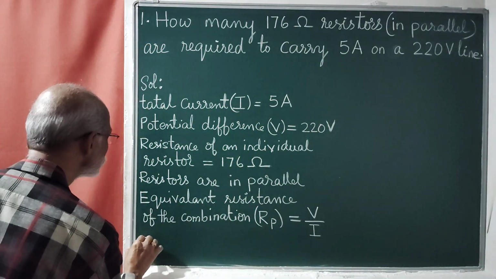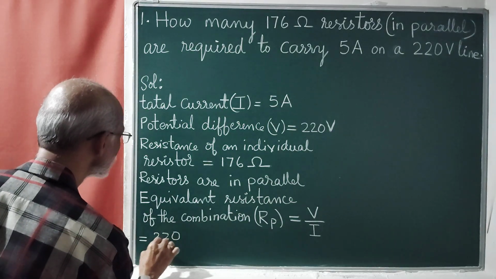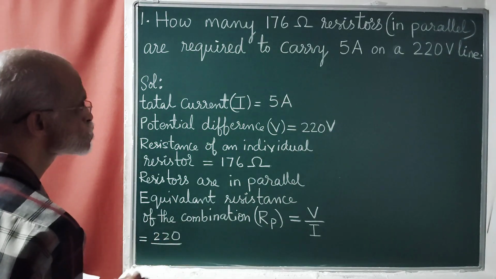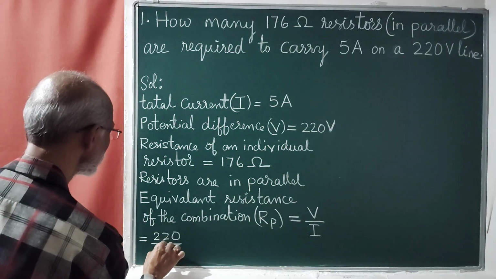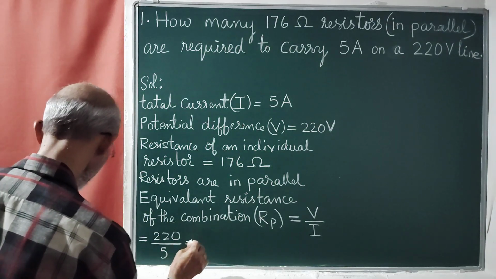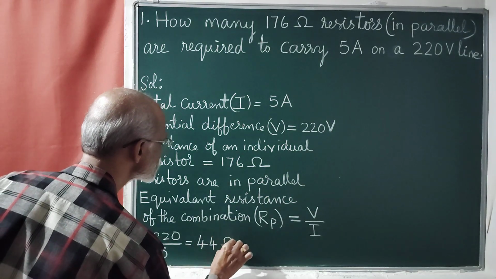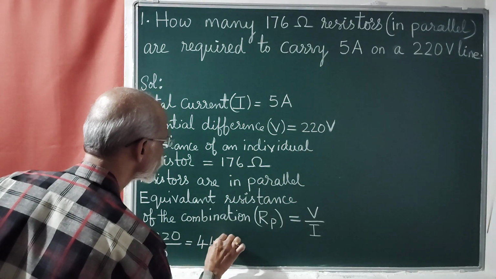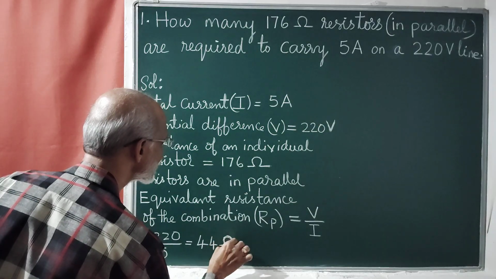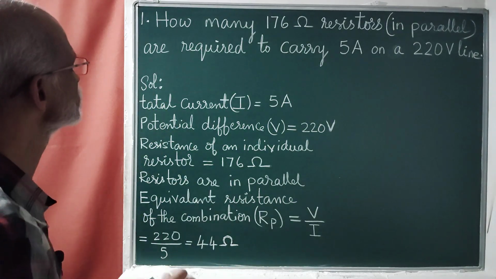That's equal to 220 by 5. That's equal to 44 ohms. This is the equivalent resistance of all the resistors.